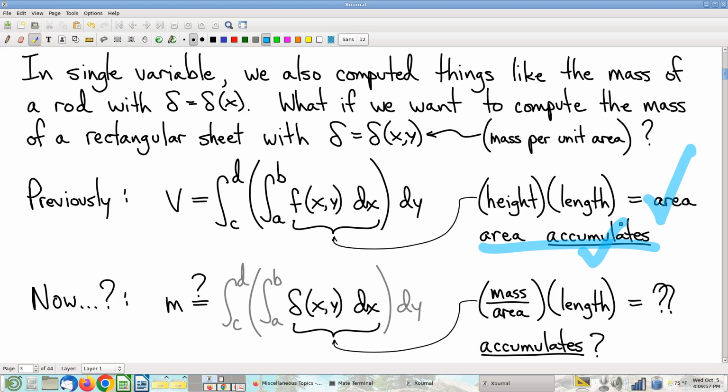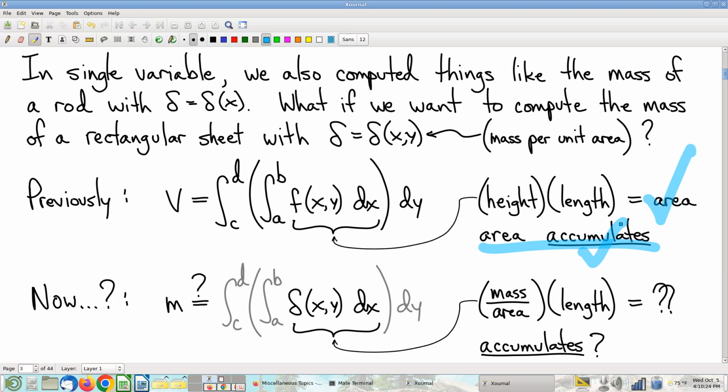Not everything behaves like that. So just as a counterexample, think about concentration. If you have a glass of water that is 5% salt, you have another glass of water that's 10% salt. If you mix them together in a larger glass, does it become 15% salt? No. It doesn't add.